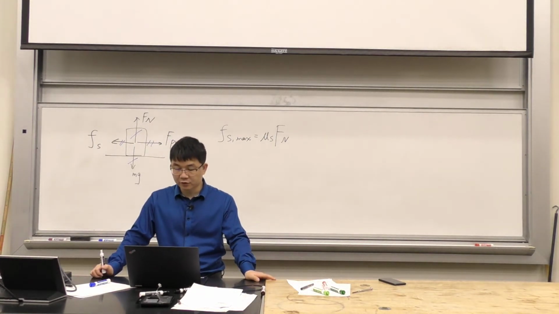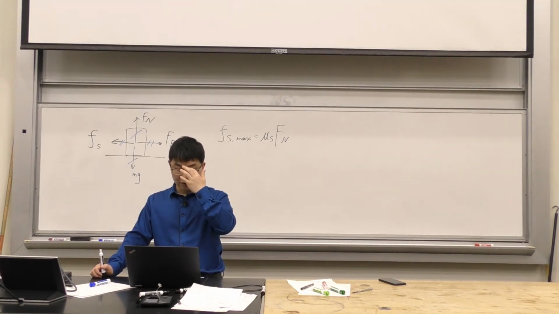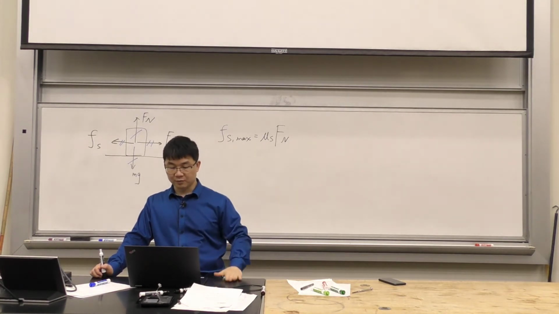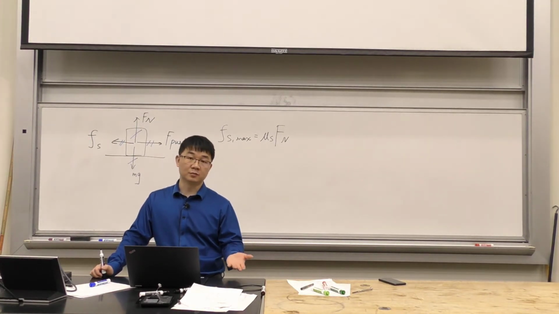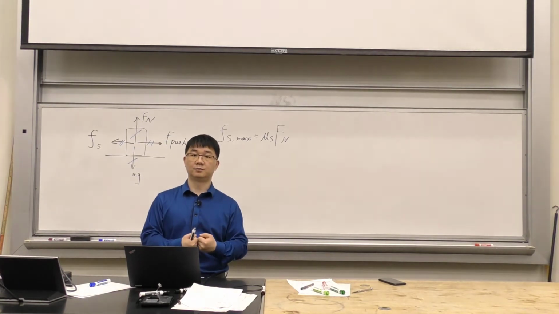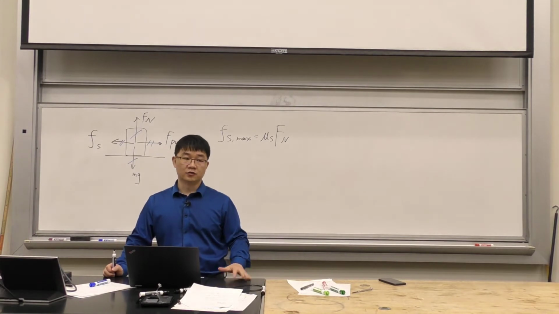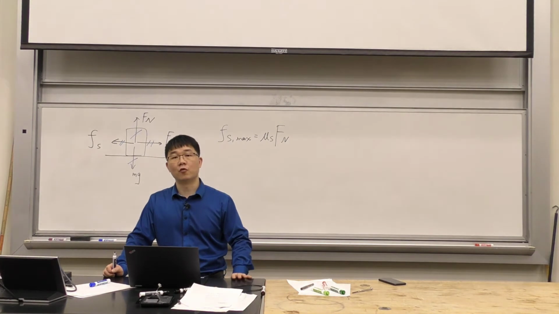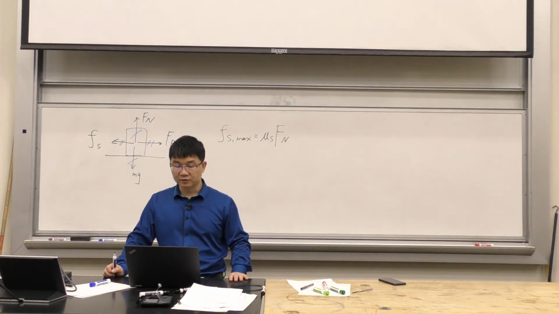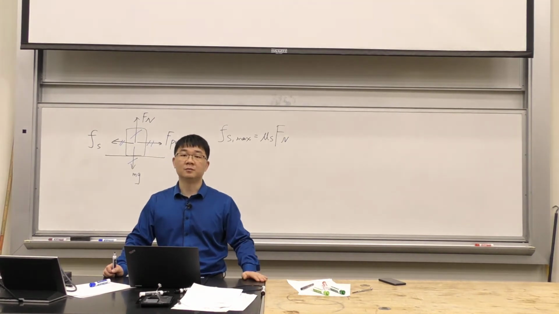And then because the forces between these bumps are action and reaction, right? Think about it. The surface at the bottom has some bumps, and the bottom of the object also has some bumps. These bumps are pushing against each other, so the forces between them are going to be action and reaction. The action and reaction are always equal in magnitude. So the static friction force from the surface is actually the net force from all these bumps against each other.